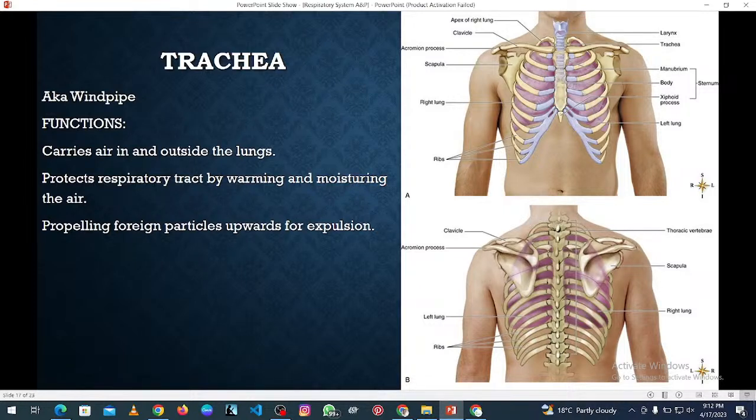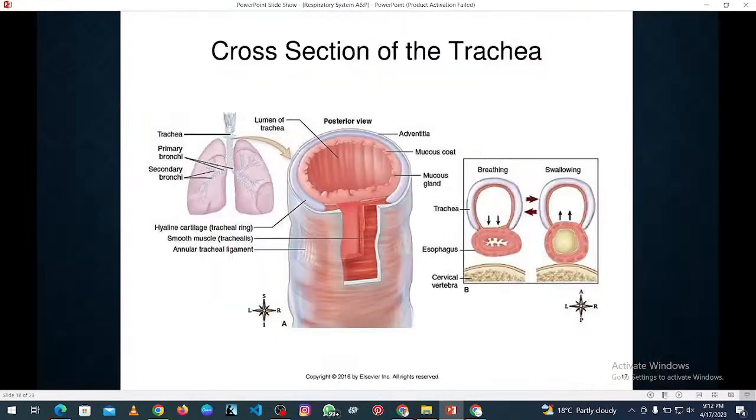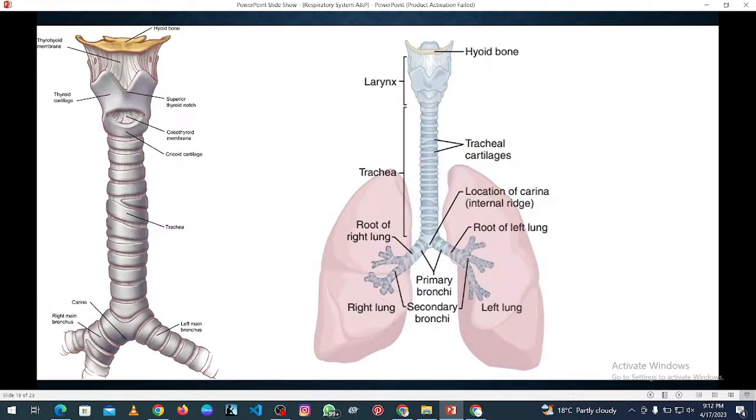So the mechanism that helps in that rejection is the mucociliary, and it's found along the mucosal lining of the trachea. So that's how the trachea functions. I talked about this function here in the square, so we just move on to the next.